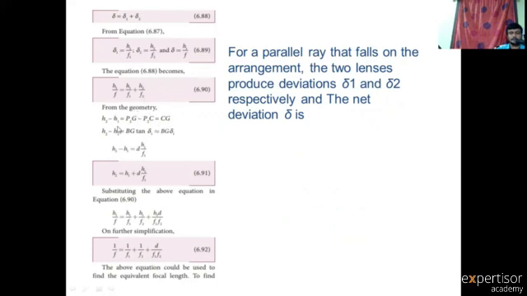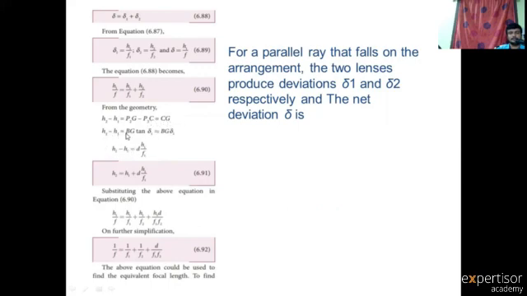From the geometry, h2 minus h1 is equal to p2g minus p2c. So when you take this combination of lenses at a particular separation distance d, here h2 minus h1 is equal to p2g minus p2c, that is equal to cg.